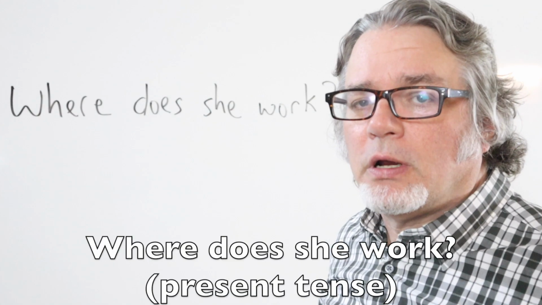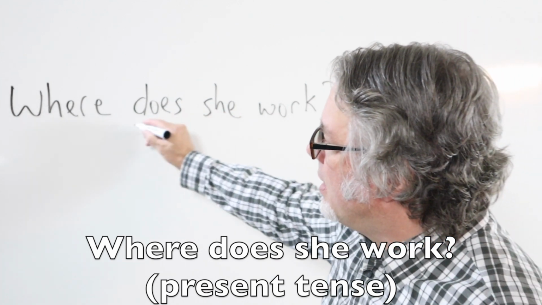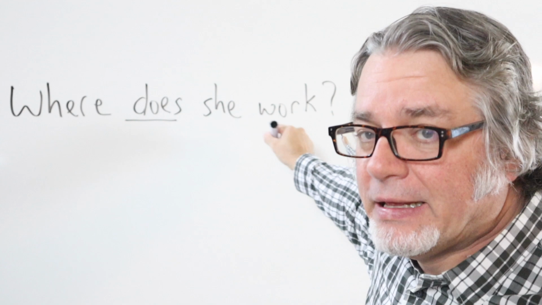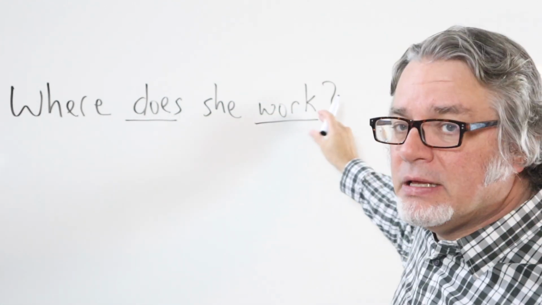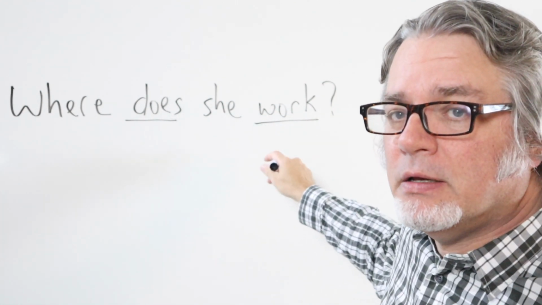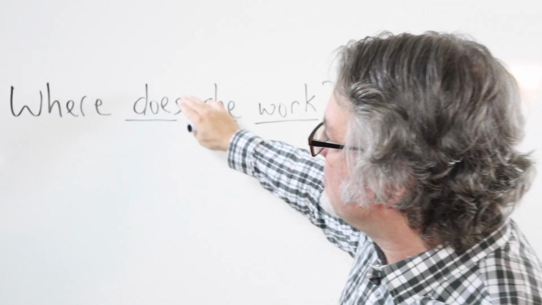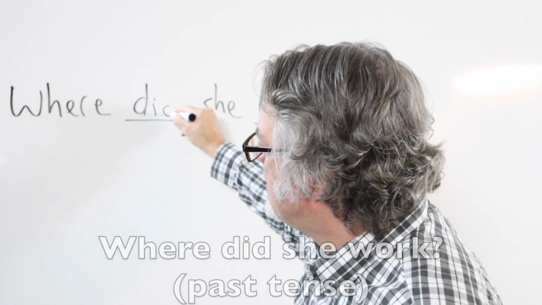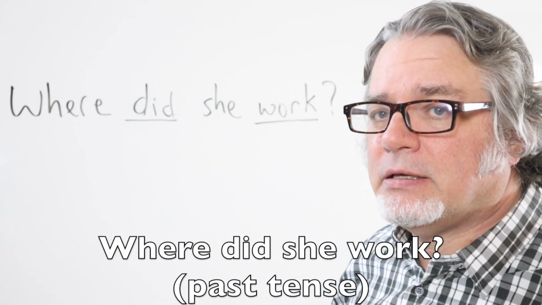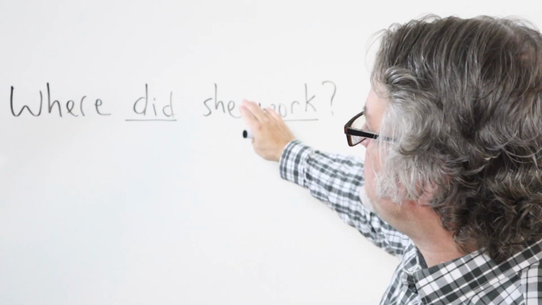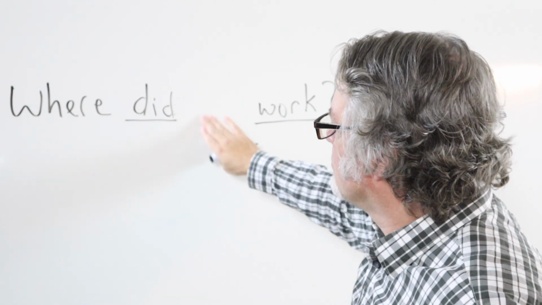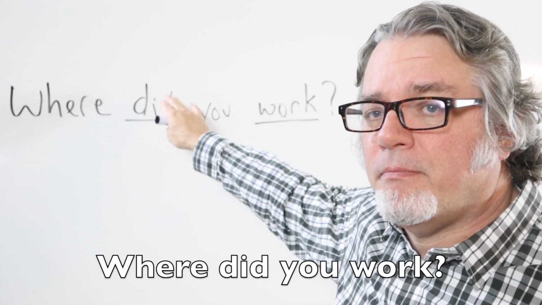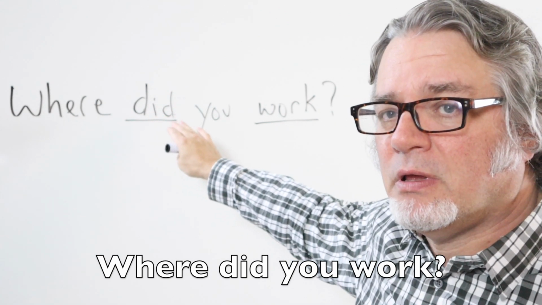Where does she work? Here's the helping verb, here's the subject, and then here's the main verb in the simple form. To make the past tense, change does to did. If the subject changes, there's no change to the past tense helping verb.